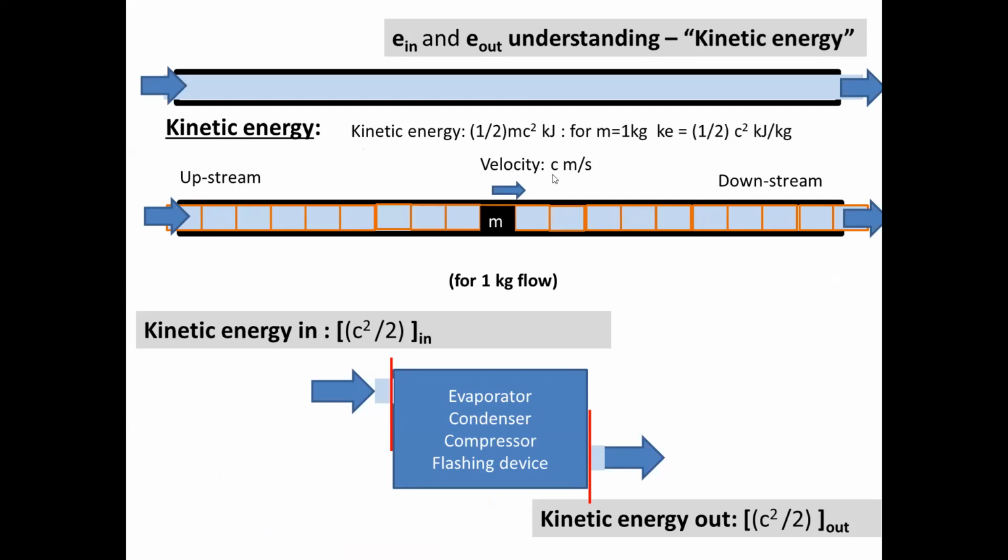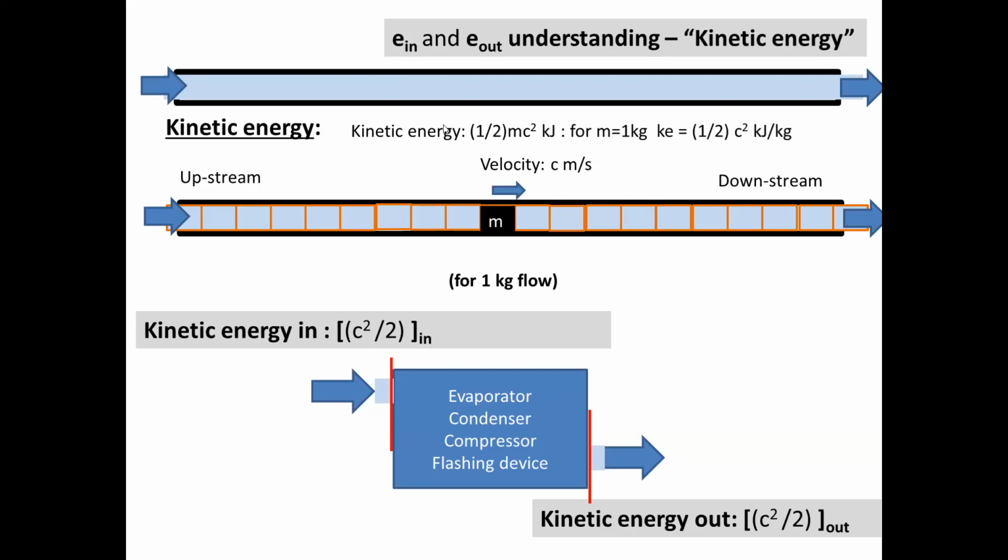We call it velocity, rate of change of displacement, C. So when this mass has a velocity, the associated energy because of this moving mass with the speed, that is the moving mass, the kinetic energy, is half mc squared, half times mass times velocity squared.